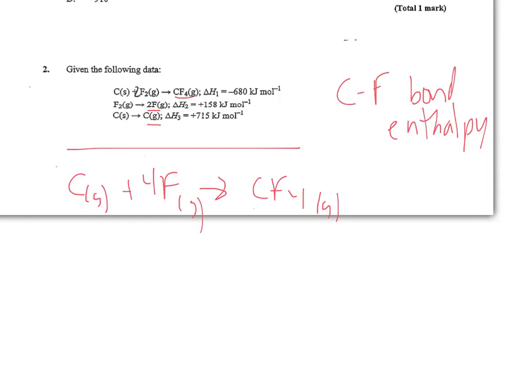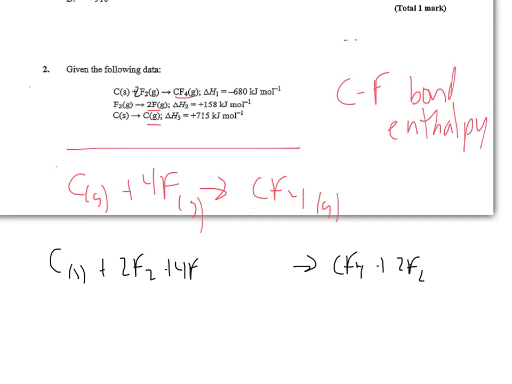So what I really want here is C solid plus 2F2. That equation is fine, and on the other side I'm going to have CF4. And then for the second equation, I want to flip that over so that I have 4F and 2F2.